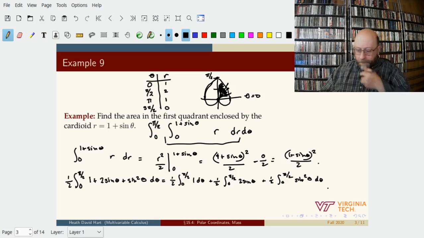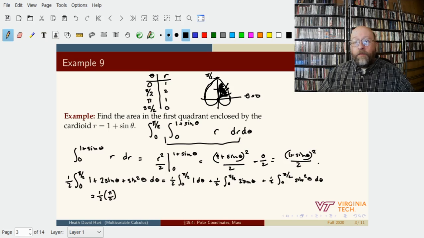Okay. Well, this isn't hard. The integral of 1 is just theta, and we'll plug in pi over 2, and so that equals 1/2 times pi over 2.